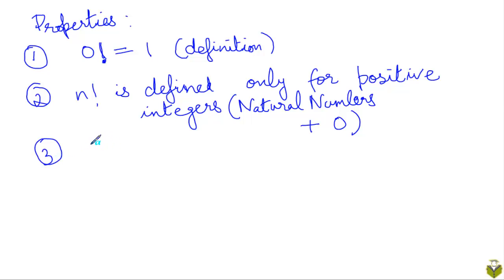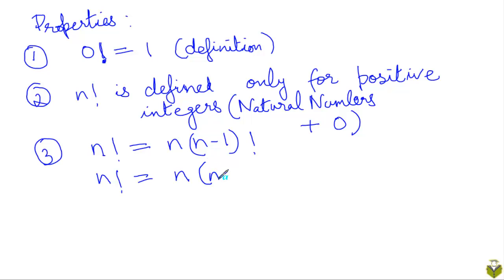And then, this one is very important, but you will understand it easily: n factorial is equal to n multiplied by n minus 1 factorial. Why is that? Because the definition of n factorial is the product of numbers from n to 1.